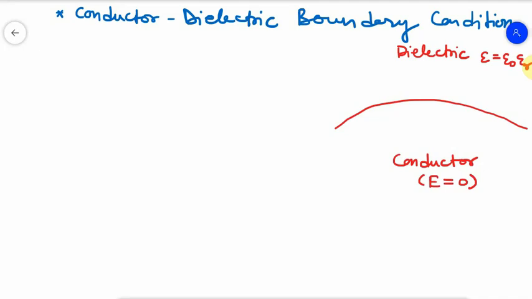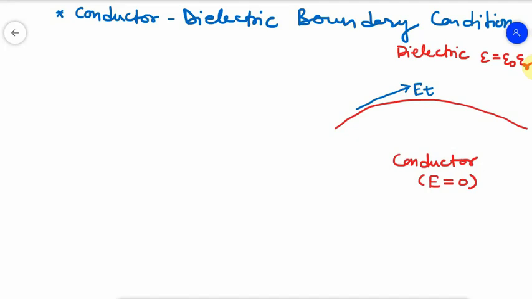Since it is 0, we will not show any tangential or normal component of electric field in the conductor region. But for the dielectric, as we did last time, we will do the same. Electric field only exists in the dielectric, and inside the perfect conductor it is 0. So we will not consider E1T and E2T, because in the conductor region there is no electric field.